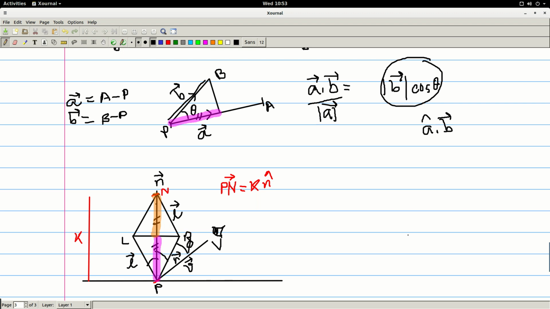And as a hint, let me tell you that this is vector A. We got one vector over here.